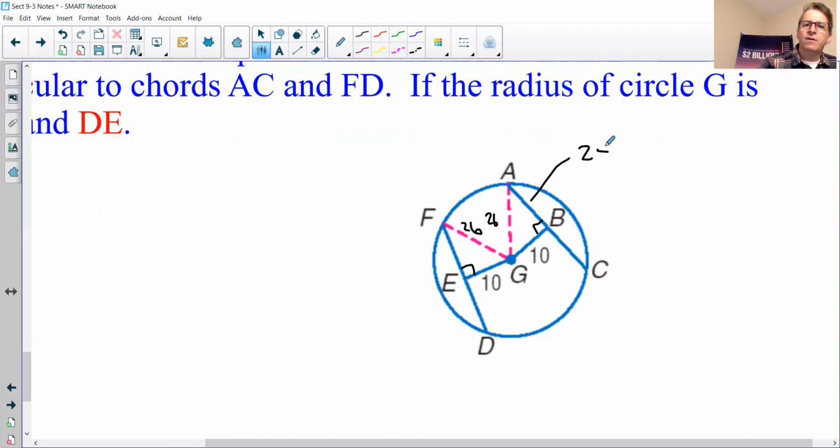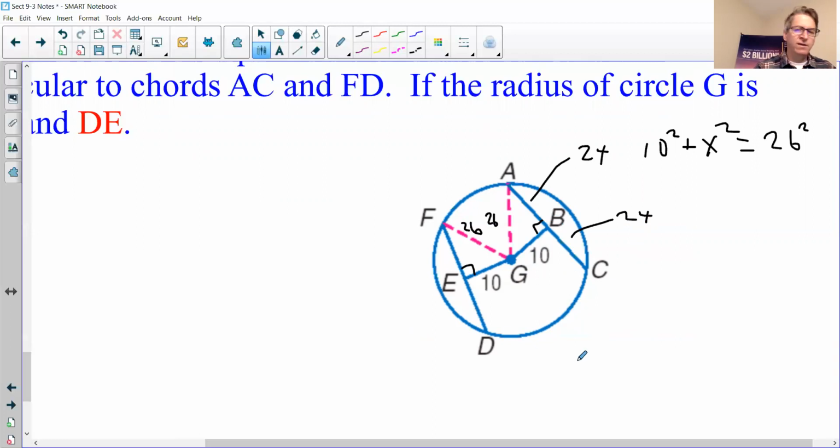You can do your Pythagorean theorem to find that: 10 squared plus x squared is equal to 26 squared. The calculator work is going to put you at 24. So if that's 24, we know that this is 24. We are looking for AC. AC is 24.